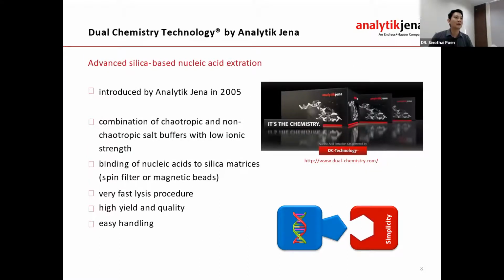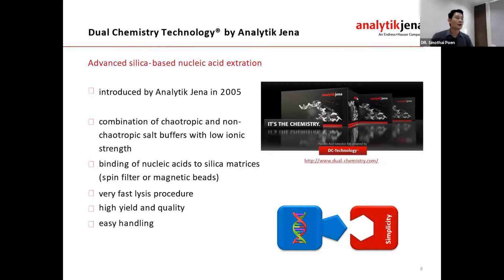Later, we wanted to circumvent this disadvantage, so we developed advanced silica-based nucleic acid extraction. We call it dual chemistry technology. Instead of using high salt chaotropic buffer to promote nucleic acid binding to the silica, we use a combination of chaotropic and non-chaotropic salt buffer with a low ionic strength to promote nucleic acid binding to silica matrices, thus reducing the risk of salt contamination.